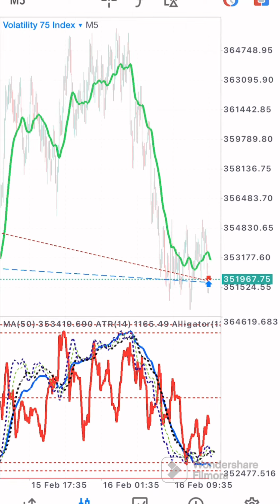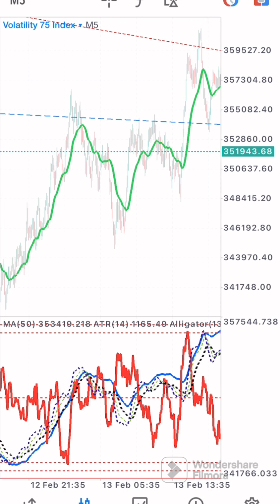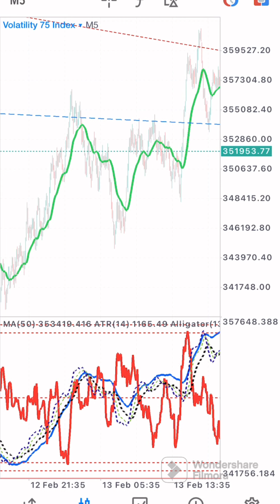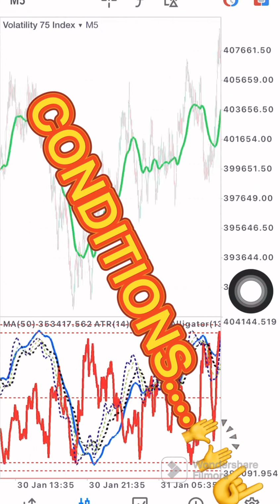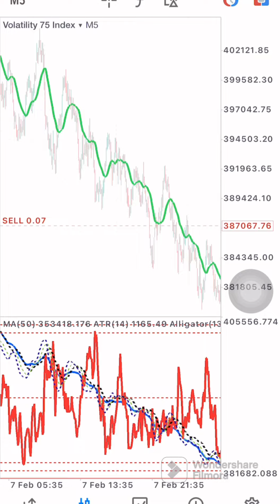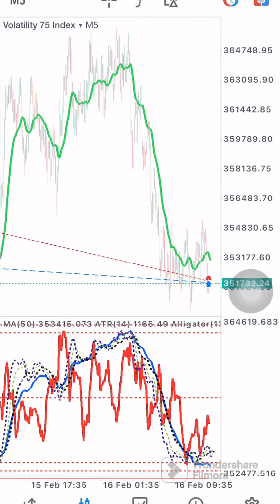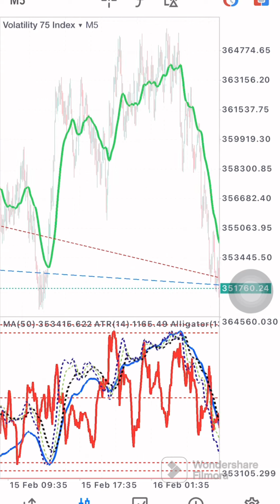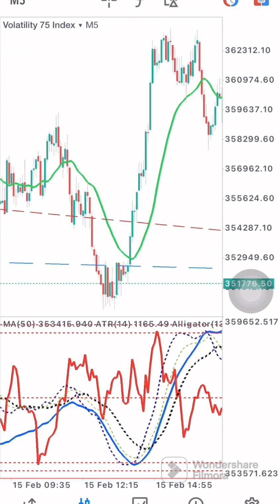So let me bring out my pointer so that I can show you some guidelines on the conditions of the strategy. The first condition I want you to consider is the zoom level. This is the last zoom level; you cannot zoom in further.